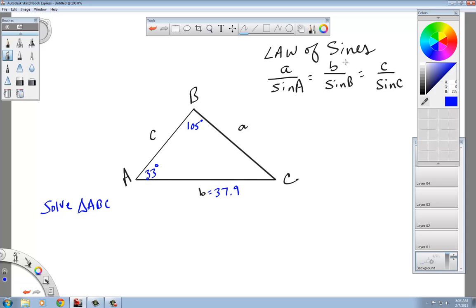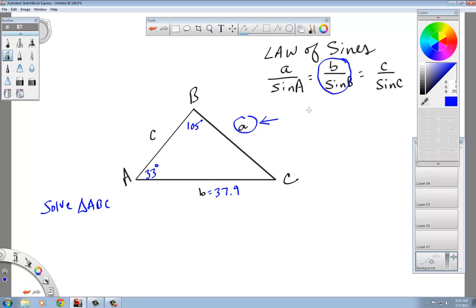So I'm going to use this part for sure of this equation. I also have angle A, but I don't have little a. So I'm going to solve for little a. So I'm going to use this and this. When you actually do a problem, you're just going to use two of these things, not all three.